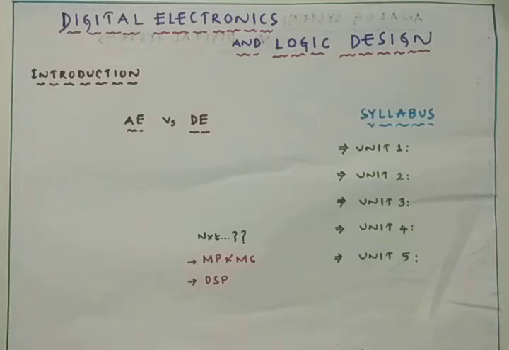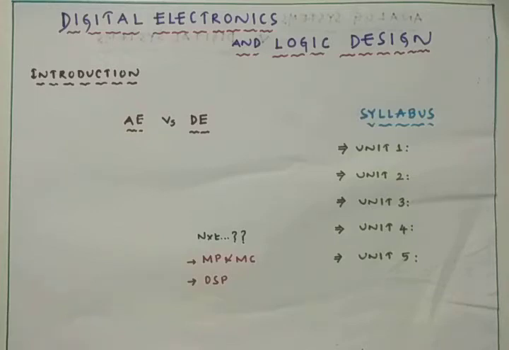It is the common subject for electronics and communication engineering, electrical and electronic engineering, computer science and engineering, and information technology. That means it is one of the important and interesting subjects in the BE. Whatever may be the branch, it is one of the important subjects.